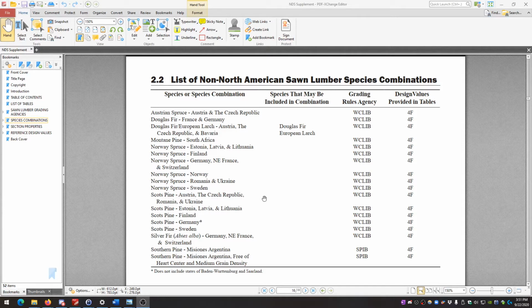Some of these are included in the NDS here, or in the NDS supplement, and there are of course other species combinations that would be used in East Asia, in parts of Africa, South America, things like that. The only reason you see primarily European species here is that these are the species that you might tend to see in North American construction contexts.